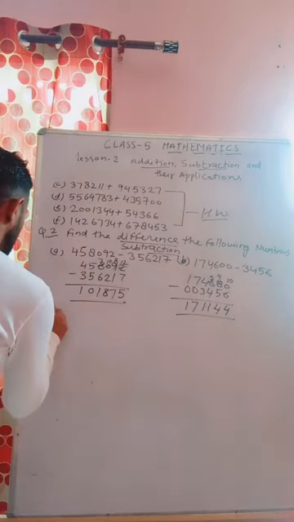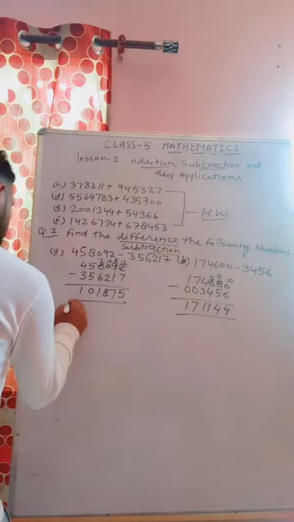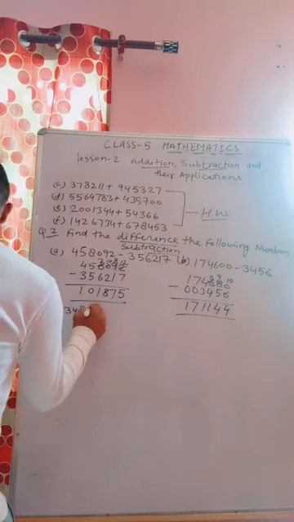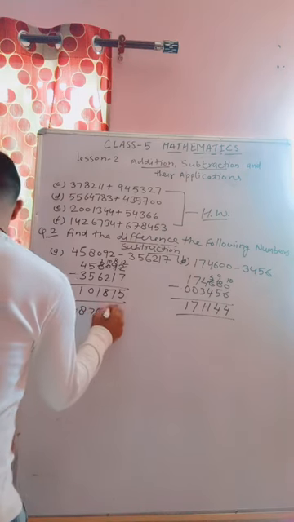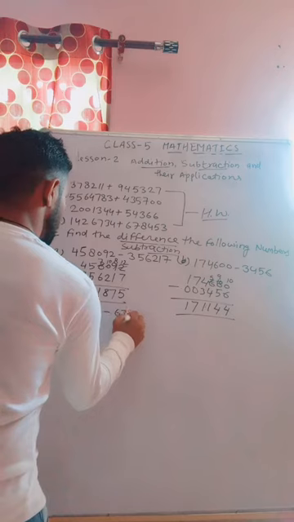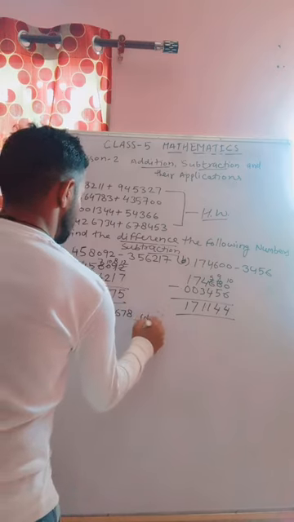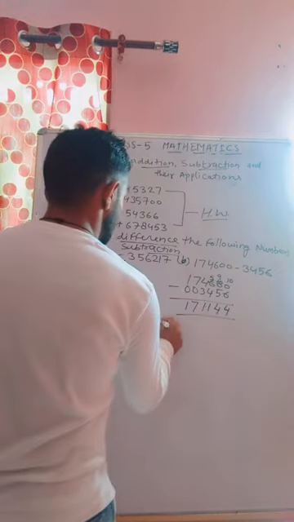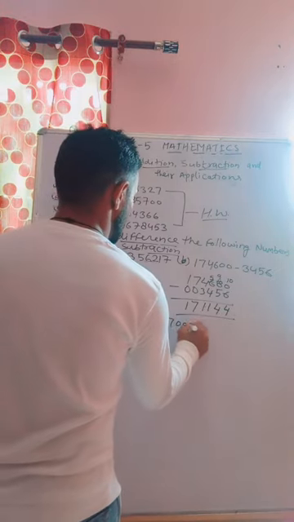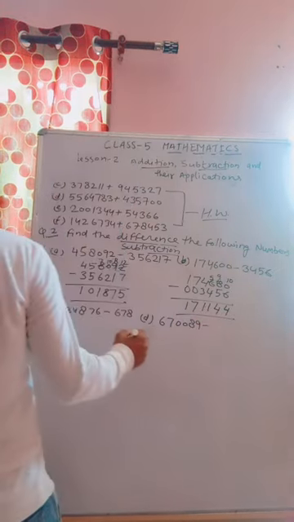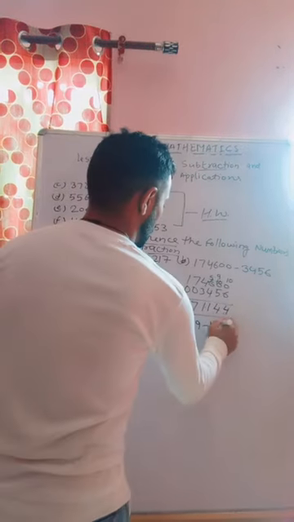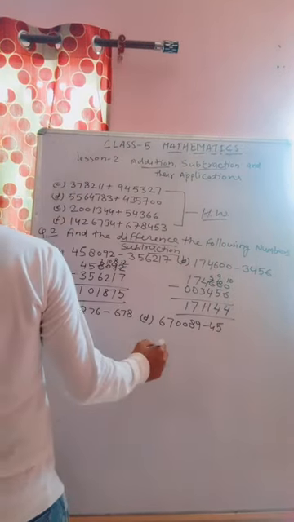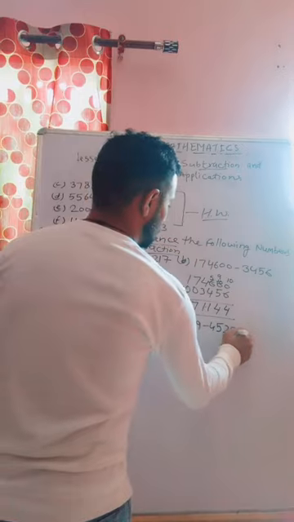C point. And D point: 6 7 0 0 8 9 minus 4 5 2 3 0.